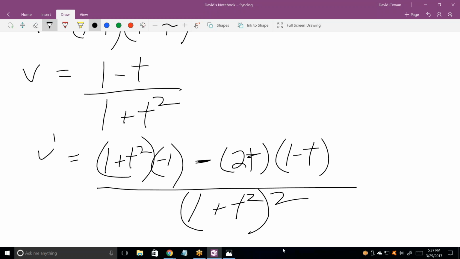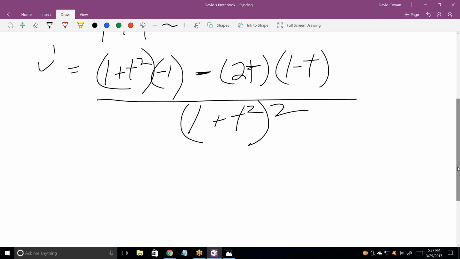Okay. And these problems always end up with the need to simplify the top. So what does the top become? Let's see. It's minus 1 minus t squared minus 2t plus 2t squared.